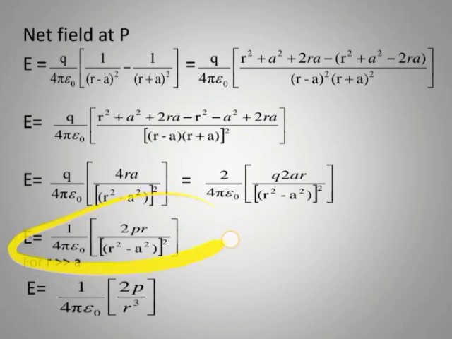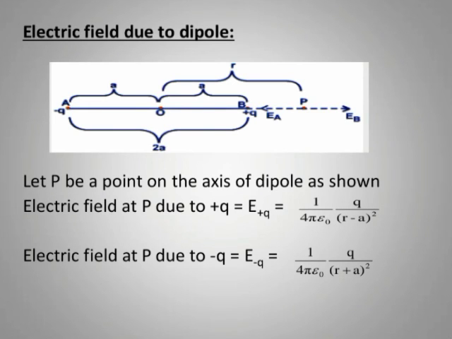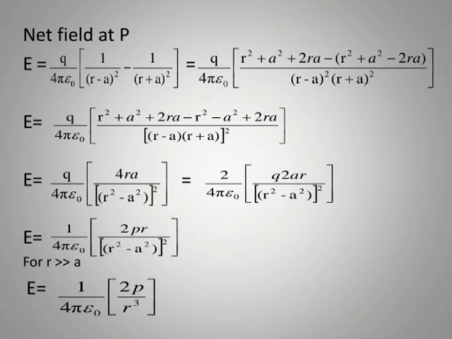Now if I consider the distance r to be greater than a, say if I see this diagram, r is greater than the distance between the center and any of the charges, then this a becomes negligible, so it vanishes. So this a square vanishes, and what do you get finally? It is 1 divided by 4 pi epsilon naught, 2p divided by r cube.